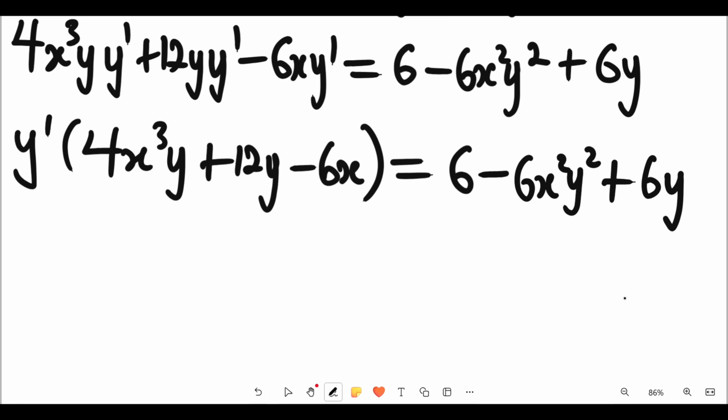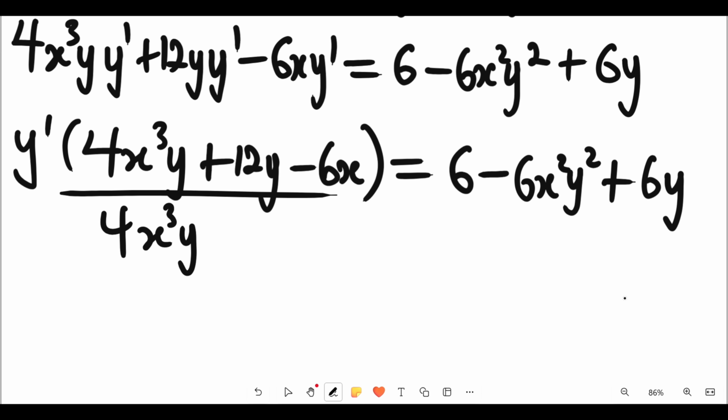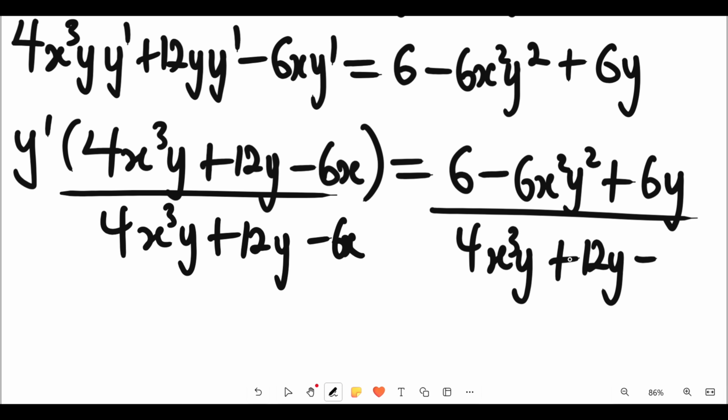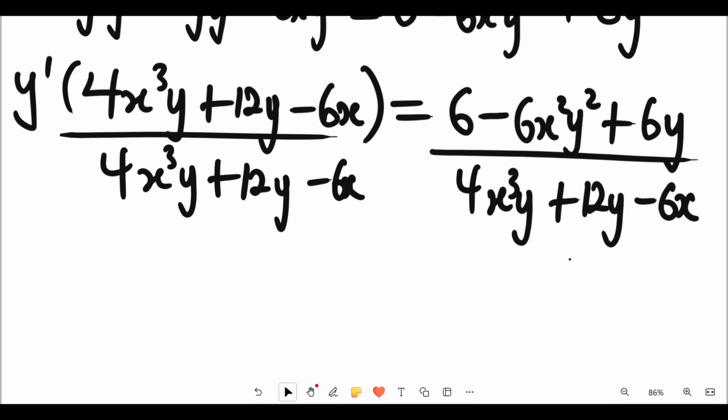Alright. So we can now divide through by the coefficient of y prime. So I'll divide through by 4x cubed y plus 12y minus 6x, and here too by the same thing, 4x cubed y plus 12y minus 6x. Alright.